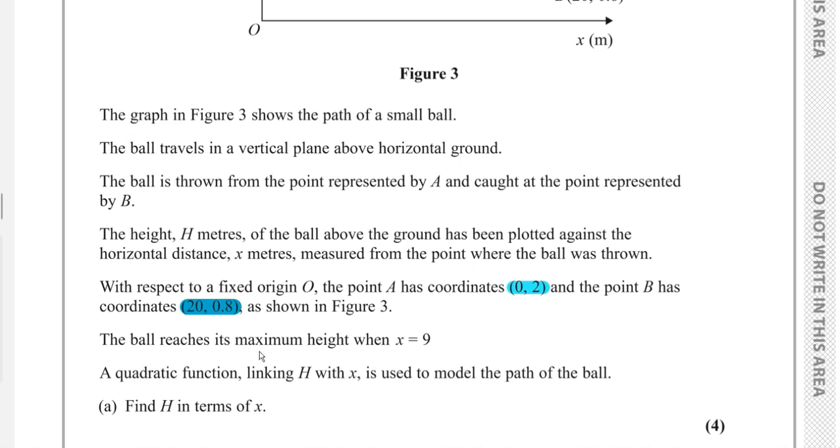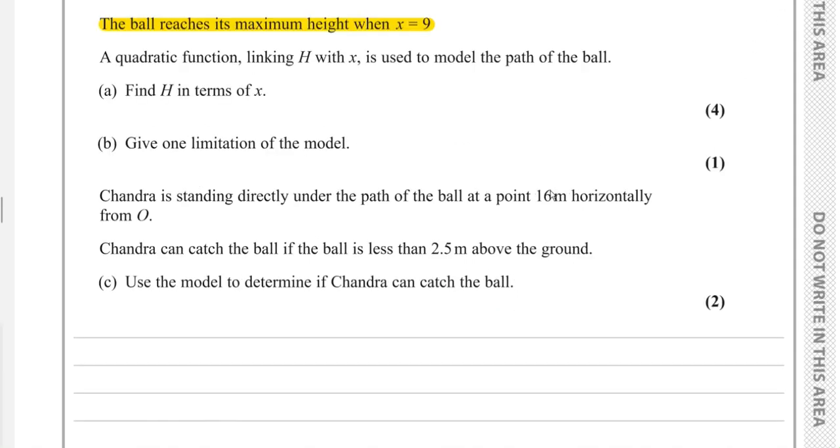The ball reaches its maximum height when x equals 9. A quadratic function linking h with x is used to model the path of the ball. Part A. Find h in terms of x.